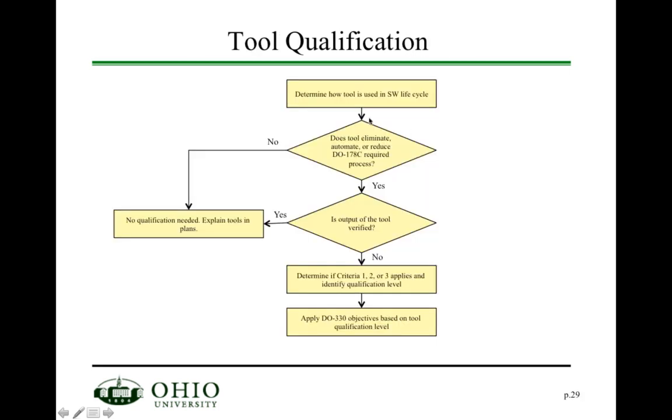You still have to ask yourself if you eliminated, automated, or reduced a particular DO-178C process. If the answer is yes, you check if the output of the tool is verified. And if not, you need to determine your tool qualification level and find out what objectives you need to meet for this tool.